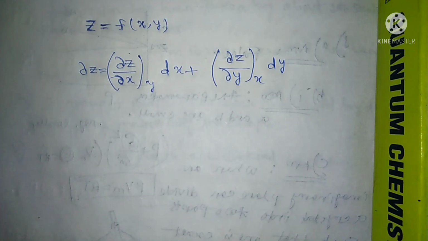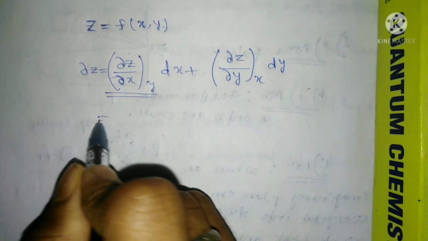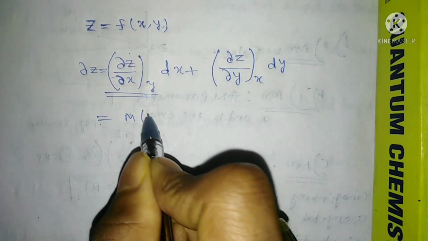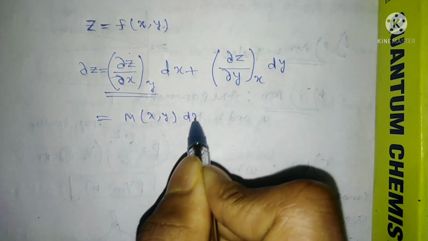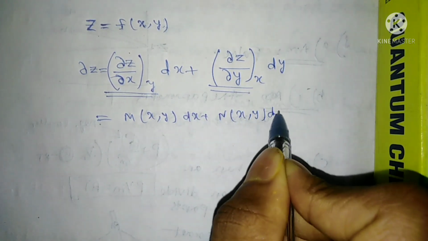Now we will assume that this is M(x,y) dx and this is N(x,y) dy.